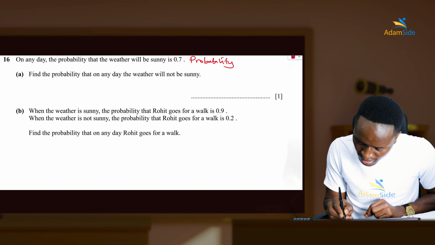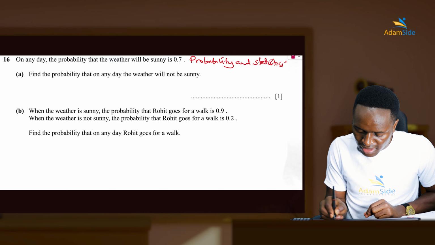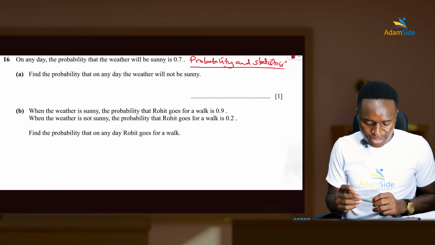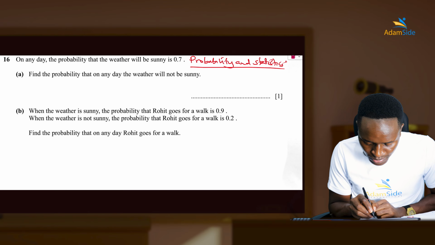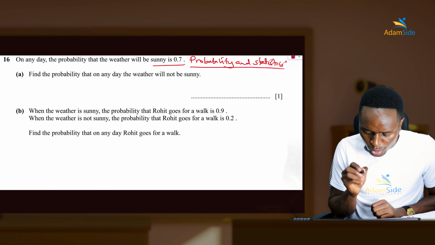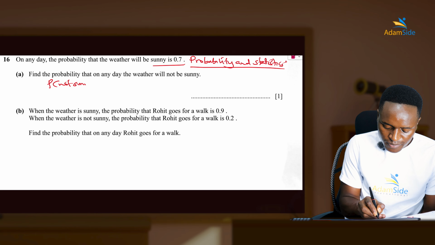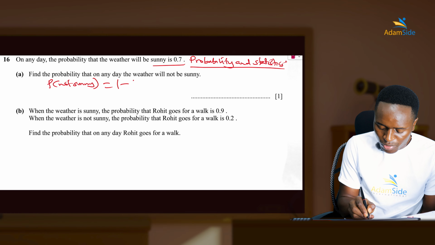Probability and statistics. As a candidate, you should be aware of that. On any day, the probability that the weather will be sunny is 0.7. Find the probability that on any day, the weather will not be sunny. So the probability of not sunny is 1 minus the probability of it being sunny.